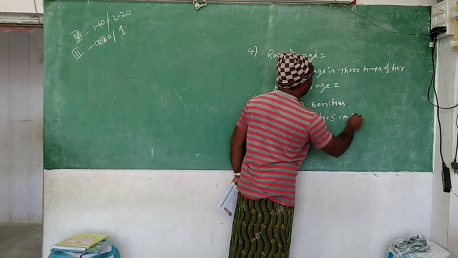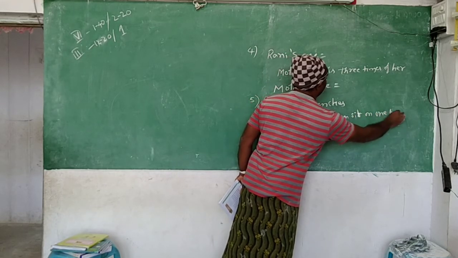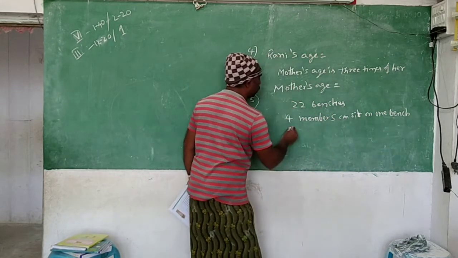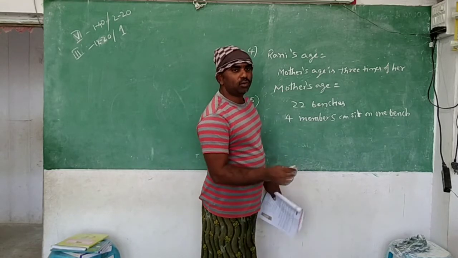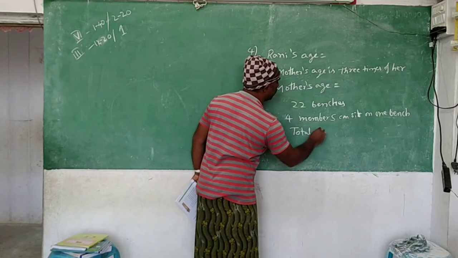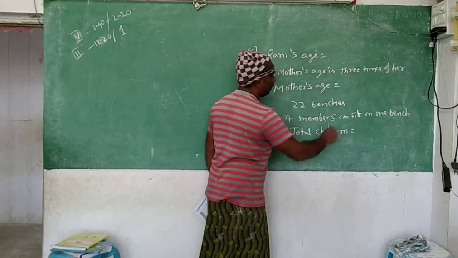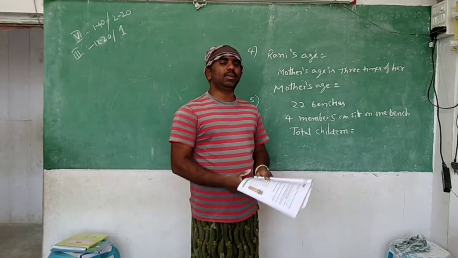4 can sit on one bench. Now, total how many members do you have to find? Total children. You have to find total children. So what do you do? What are the numbers you have taken and multiplied?